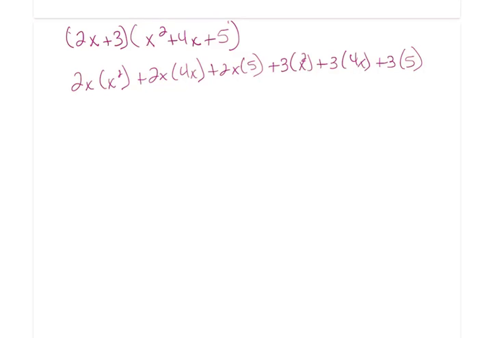The other way you can do it is that area model again. When we make our rectangle, we're going to make it a 2 by 3 because it goes by the number of terms.